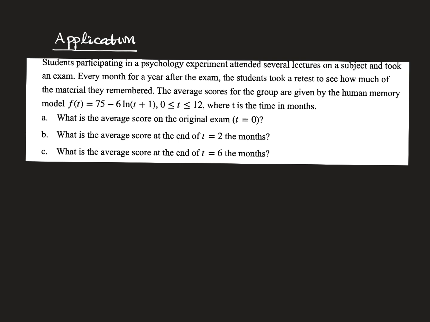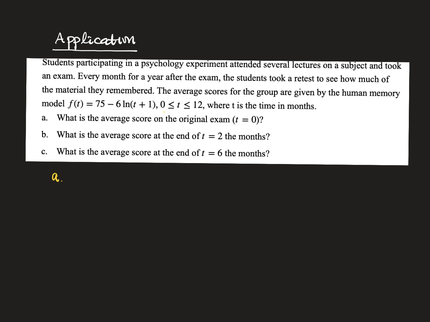So they have this model of human memory, the logarithmic function. t is the time in months, t equals 0 to 12 months. Then f of t models how much you're going to remember.